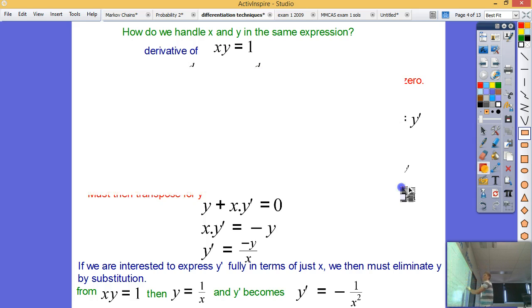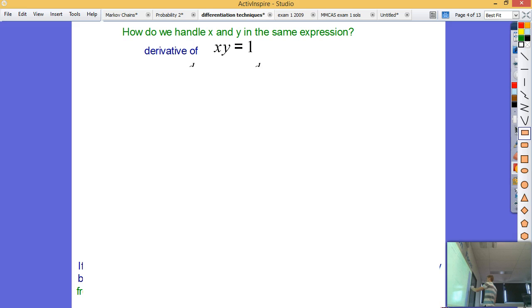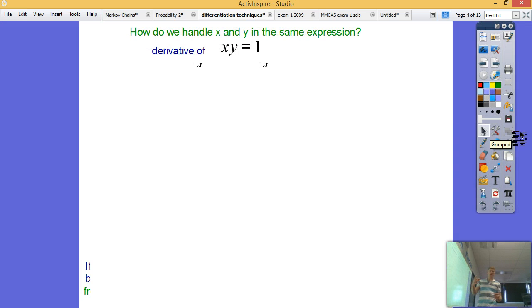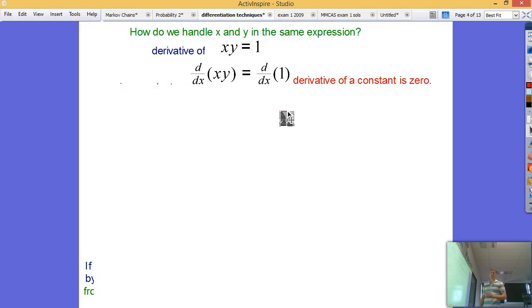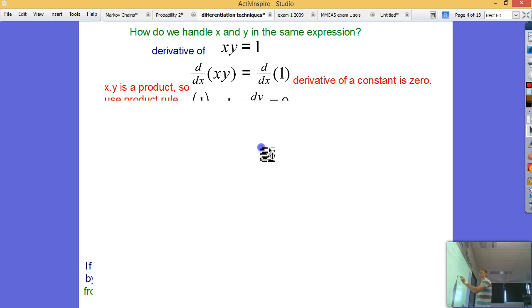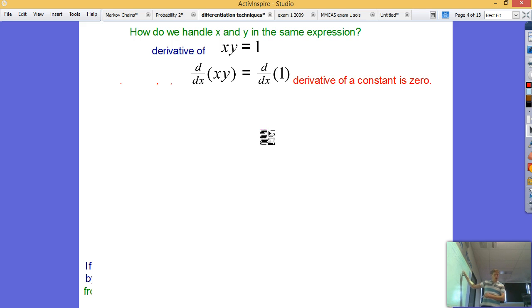Now, what happens if we take the derivative of such an expression? x times y equals 1. How are we going to handle x and y's in the same expression? Well, if you remember a little bit from class, first we're going to differentiate both sides, and then we see the derivative of the right-hand side is going to be nice and straightforward. The derivative of a constant is always 0.